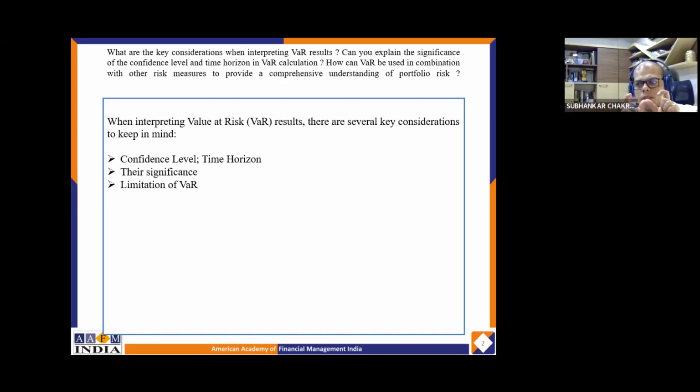If you plot a graph and consider that in the range of data you're going to take, only 95% of the time you will not be at a loss, then the remaining 5% of the time there will be a loss. So that is the value at risk. That is a key consideration that we need while interpreting a value at risk.